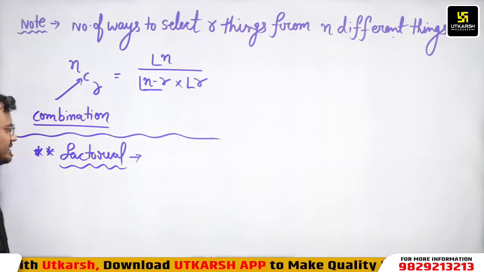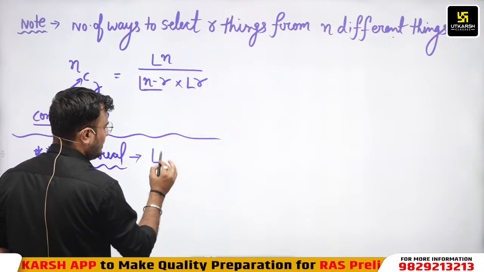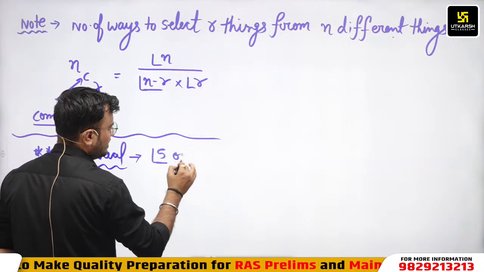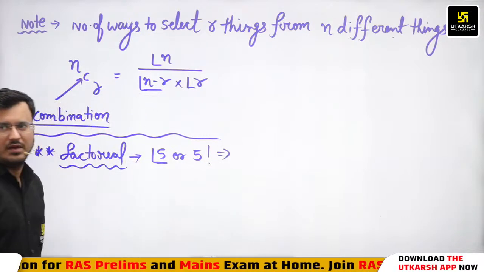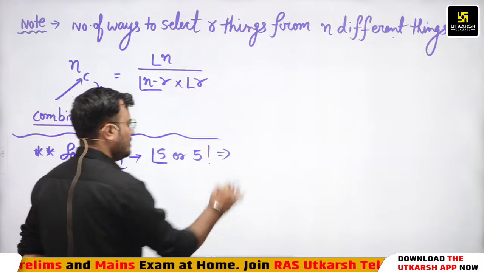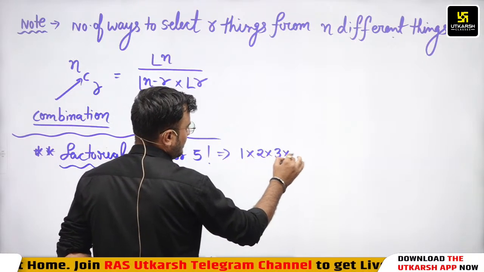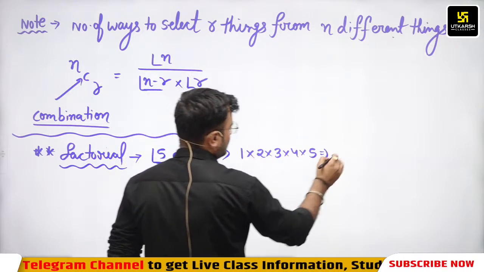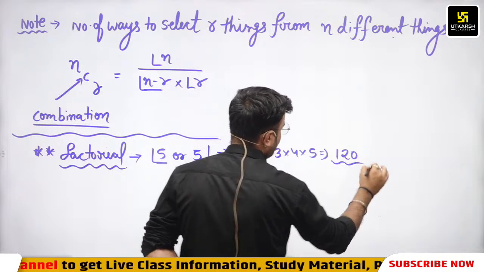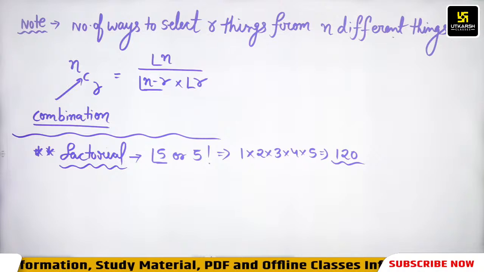For example, if I take factorial 5, it can be written in this way or in this way. Both are the same. Factorial means we start with the first natural number and multiply all these numbers. The product gives the value of factorial. So this is 120, the value of factorial 5.